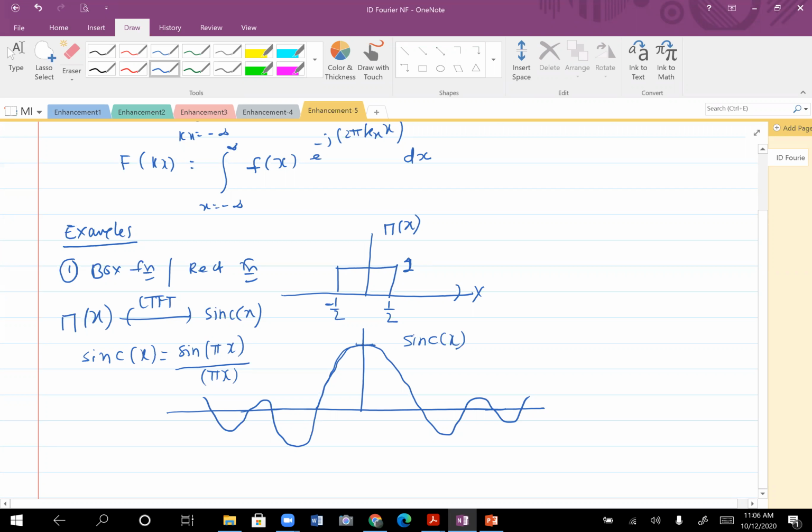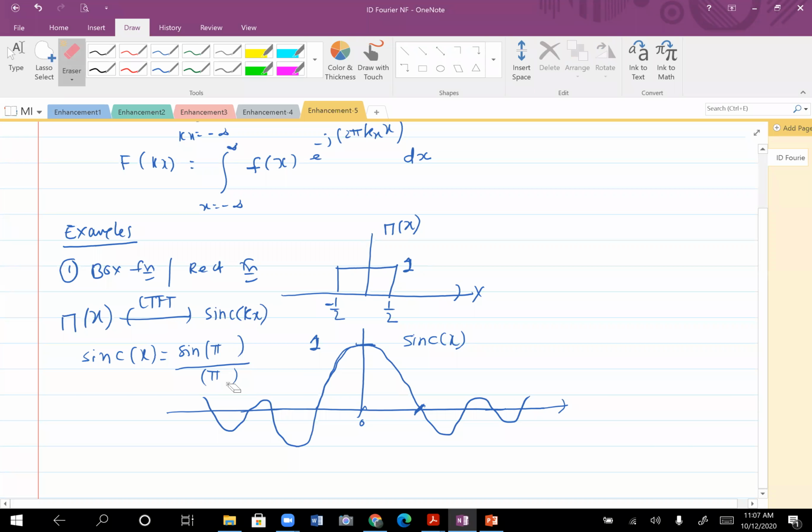What's the maximum value here? 1, correct. So this is at 0. What would be the value where it is getting 0? Sinc of, I should have written this, instead of x, what should I write here? Sinc of kx, because we are in the frequency domain.